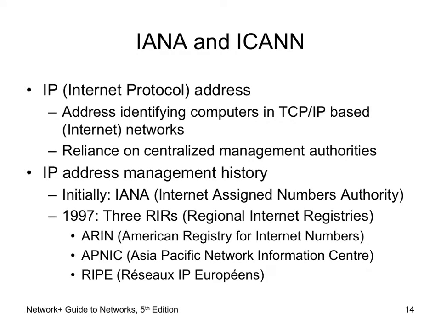But in '97 there were just 3 originally, when the internet started really growing and people started buying websites. It was the American Registry for Internet Numbers, the Asia Pacific Network Information Centre, and the RIPE, the Europeans. All 3 were geographically driven, depending on the region where the business was buying the IP.